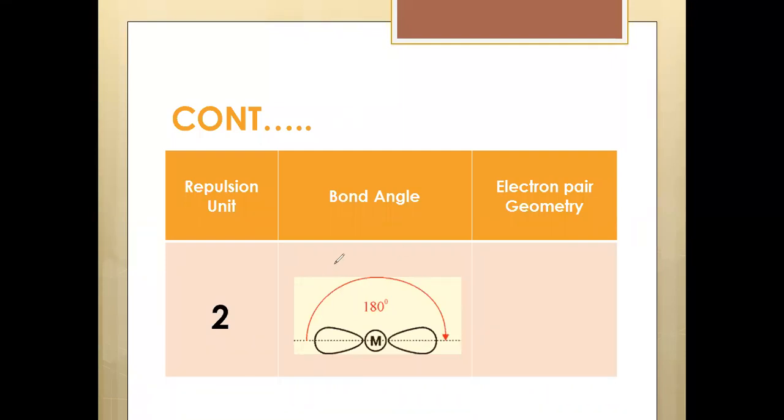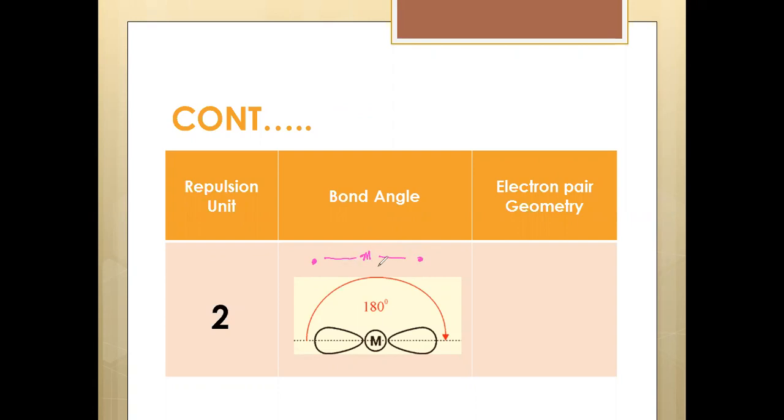This is not new for you. You have studied it at O-level too, right? So when it's linear, you have only two. The two means what? This is your central atom, right? You have the two sides of the bond, right?